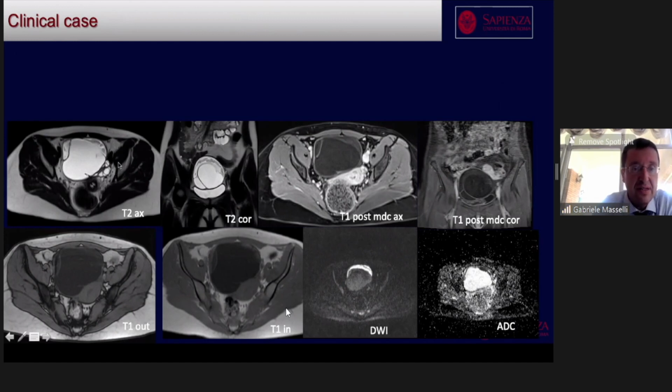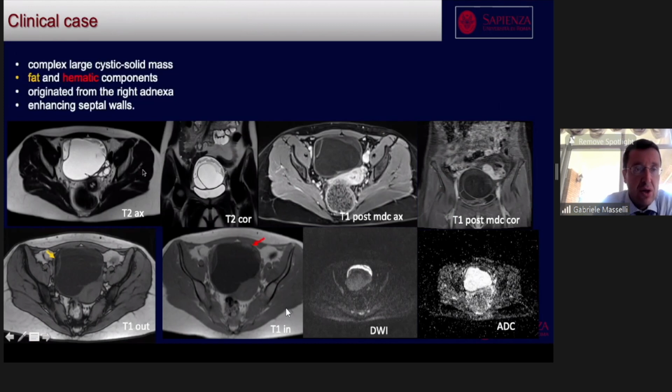The first step is to detect the ovaries, the normal ovaries. We see the normal left ovary, but we don't see the right ovary. So this lesion originates from the right ovary.